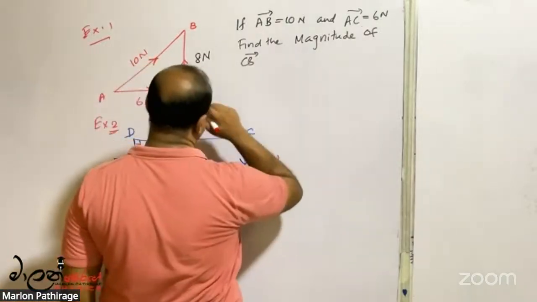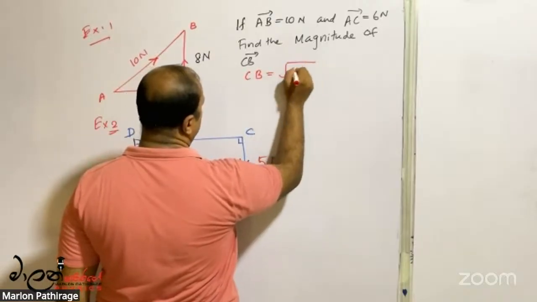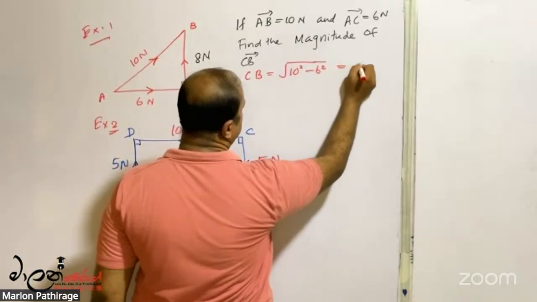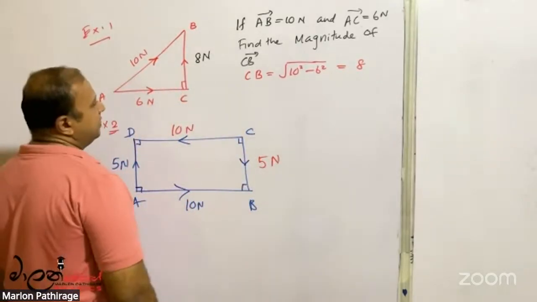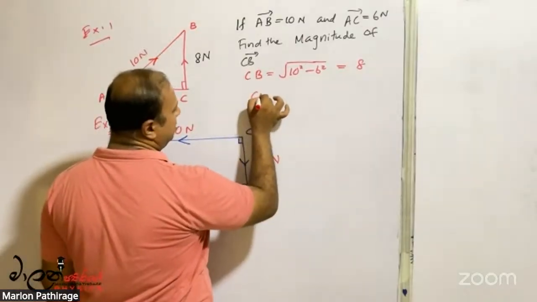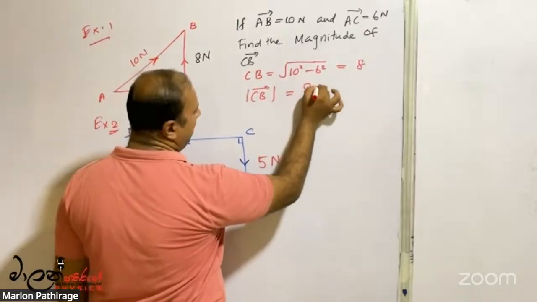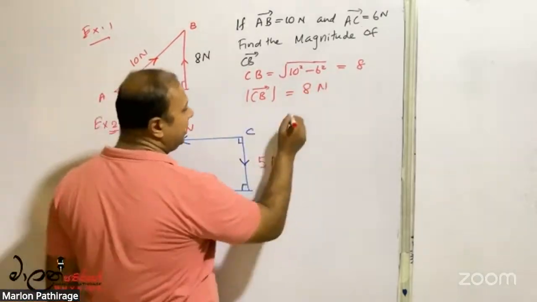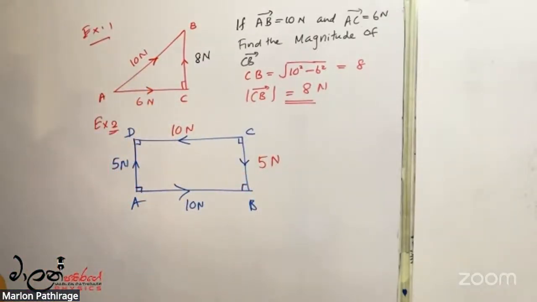Here, CB is equal to the square root of 10 squared minus 6 squared. That means 8. Therefore, the magnitude of CB vector is equal to 8 Newton.